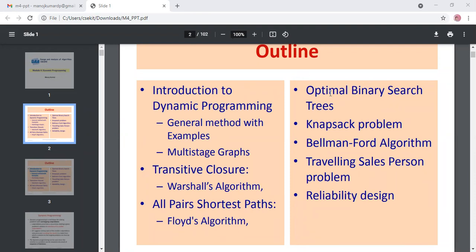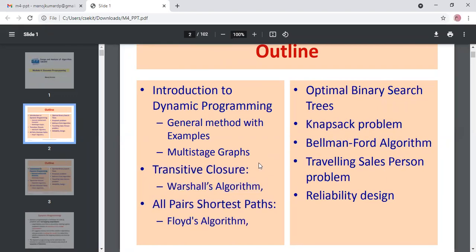Next, we come to the optimal binary search tree, the knapsack problem, the Bellman-Ford algorithm, the traveling salesman problem, and reliability design. The very important concepts here are transitive closure, Floyd's, knapsack, Bellman-Ford, and traveling salesman.